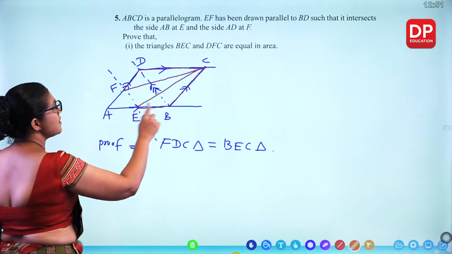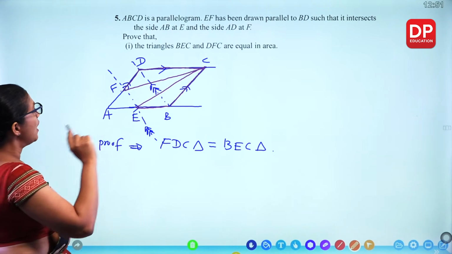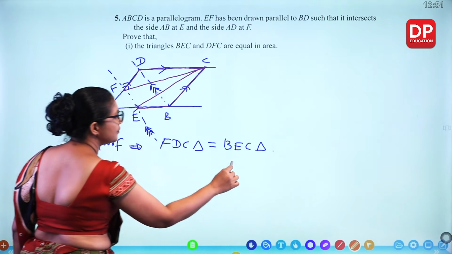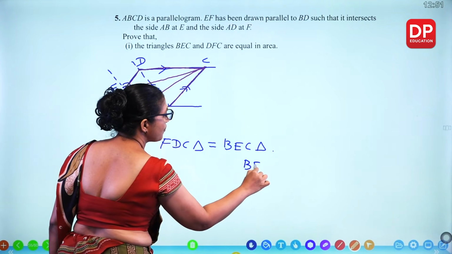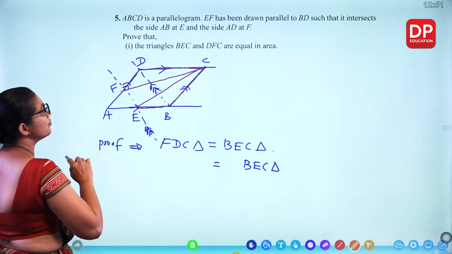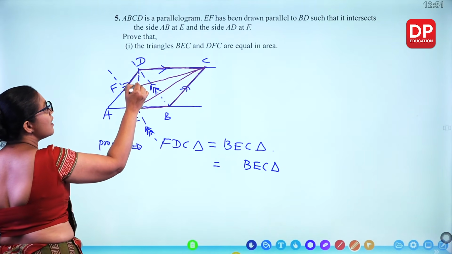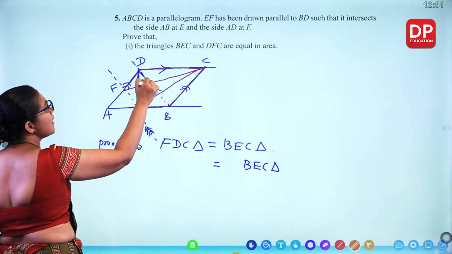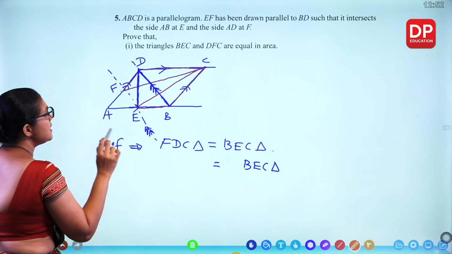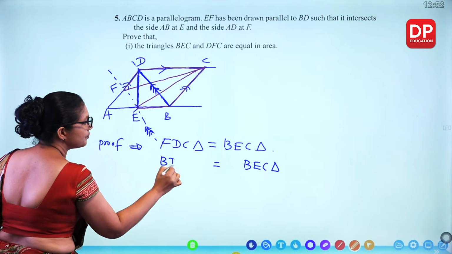Now when you look at this diagram, we can write BEC triangle is equal to, if you draw a line here, BDE triangle.